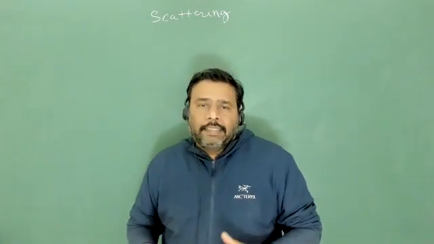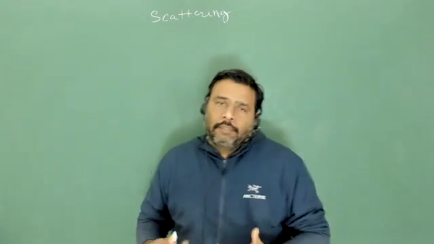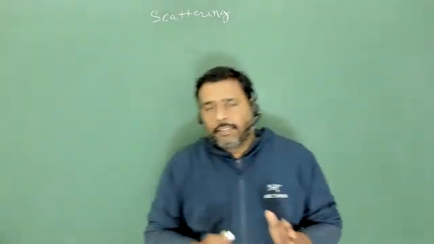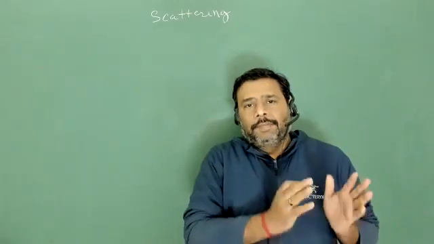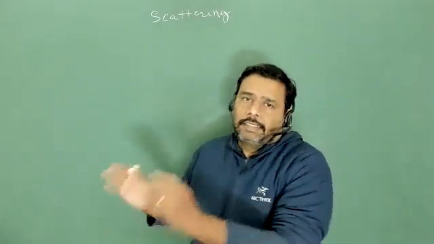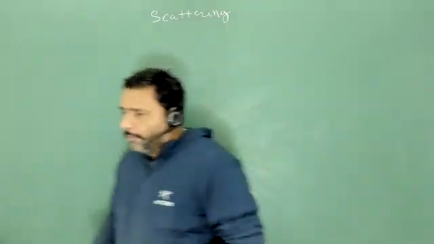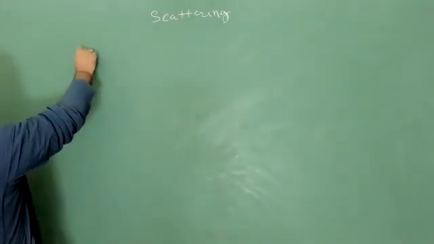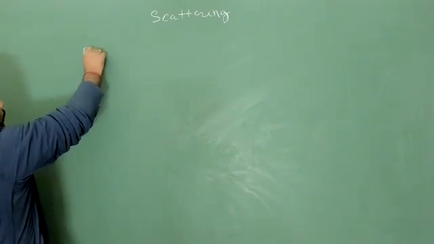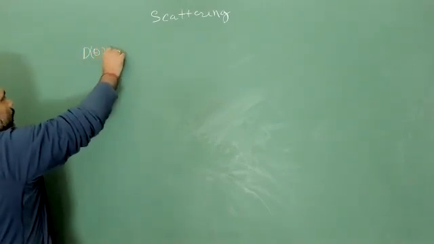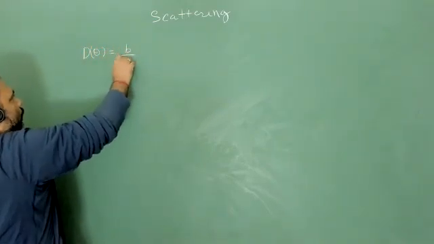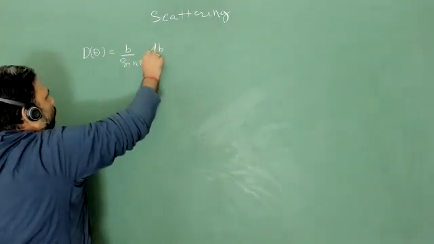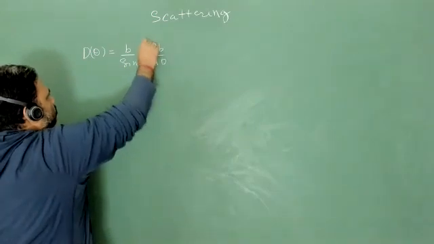So the idea is all about calculating the relationship between impact parameter and scattering cross section. The most important thing we have to remember in classical scattering is the differential scattering cross section, and this is known as b upon sine theta into db upon d theta.